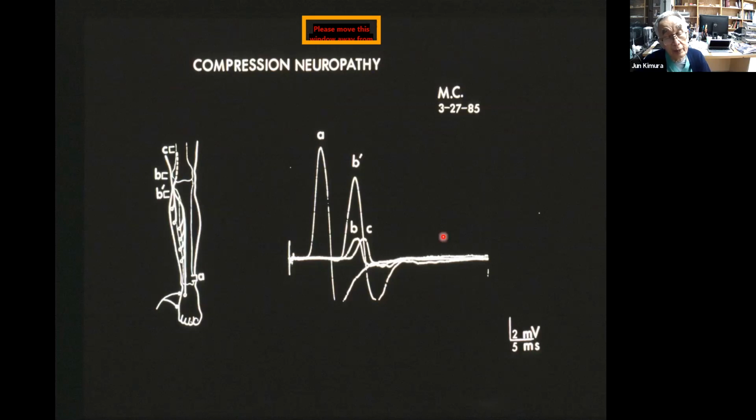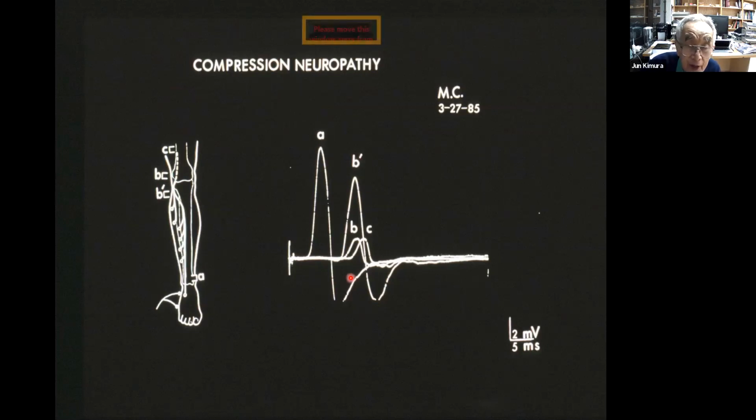Whether it's linear or non-linear, you have to have 3 points, right? So you have to stimulate at B, here above the knee, and you notice the knee response is very small, and therefore this is now a non-linear change of the compound muscle action potential, which is always abnormal.